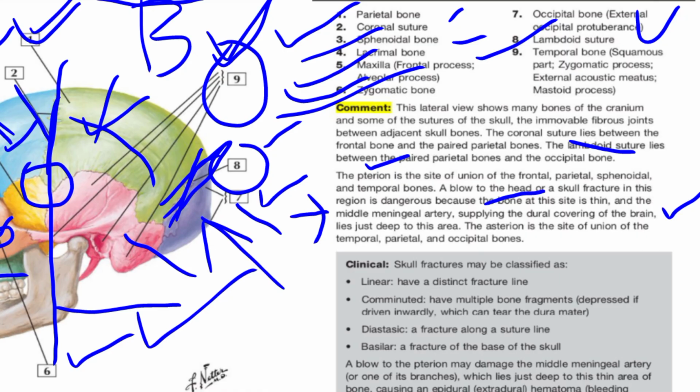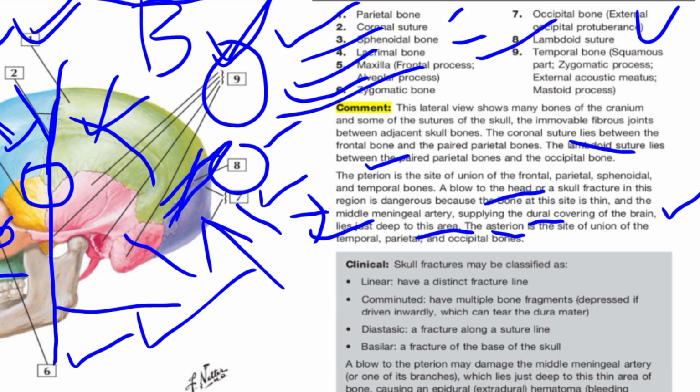The brain has coverings: dura mater, arachnoid mater, and pia mater. The meninges lie just deep to this area. If there is any injury here, the middle meningeal artery passes through it and supplies the dural covering of the brain. So this is the weak point.